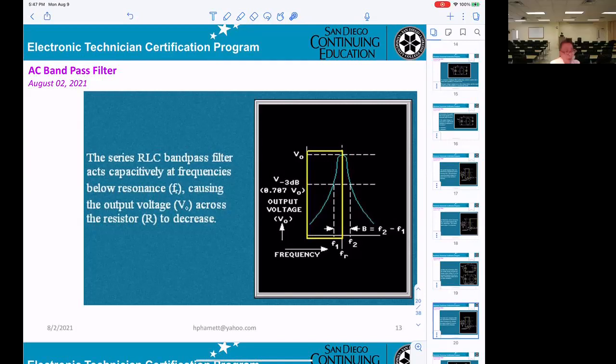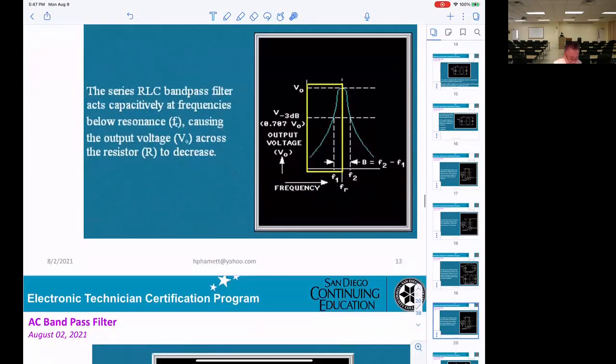Make sure you download the complex number in the handout. Okay, so on this one, you know that will be a bandpass filter. Basically they are related to resonance.